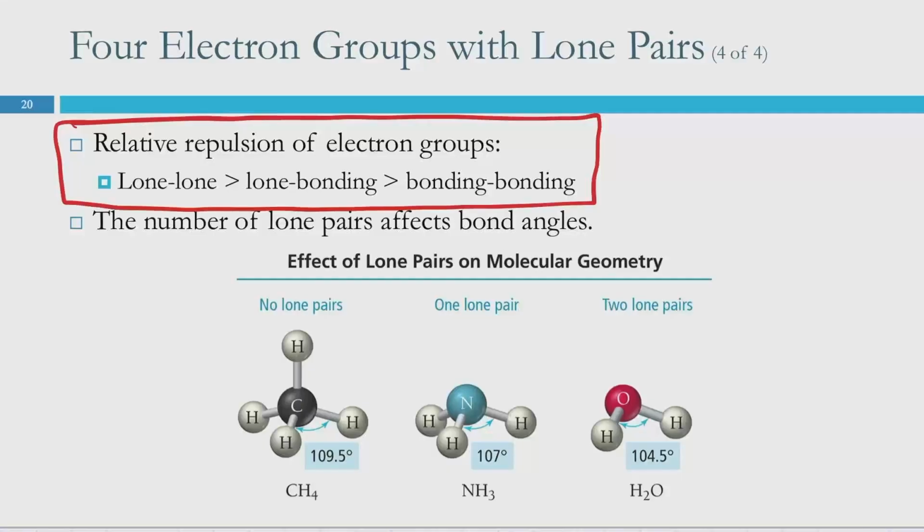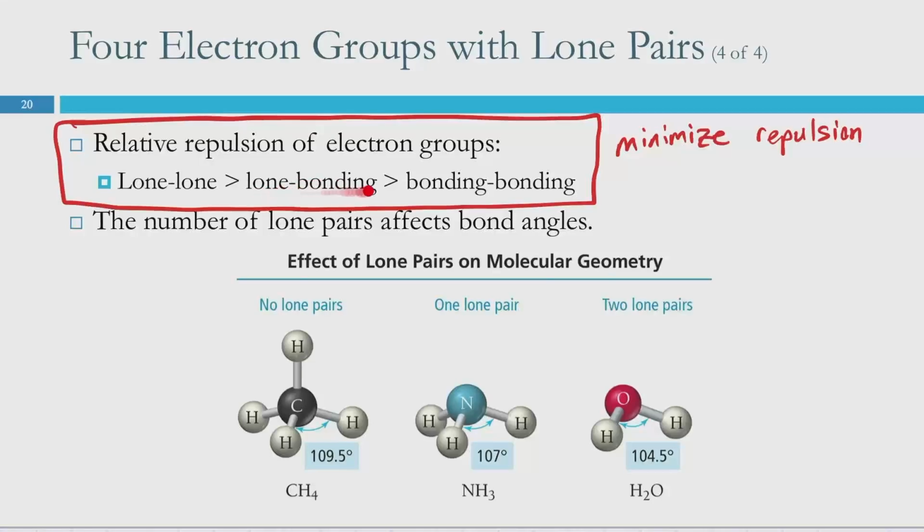So when we have the chance, we want to minimize repulsion. We always want to minimize repulsion. And so that means that we want to first prioritize getting rid of lone pair interactions if we have the opportunity to do so by changing up our geometry.